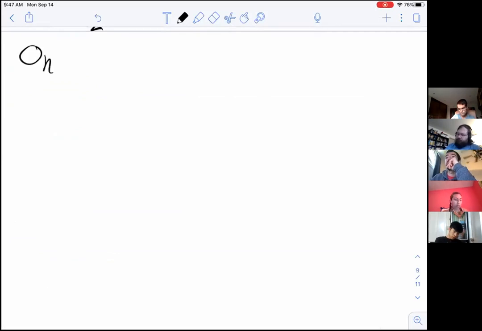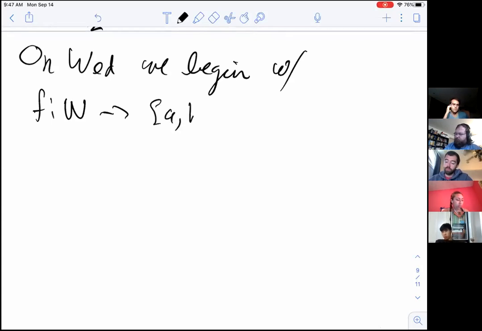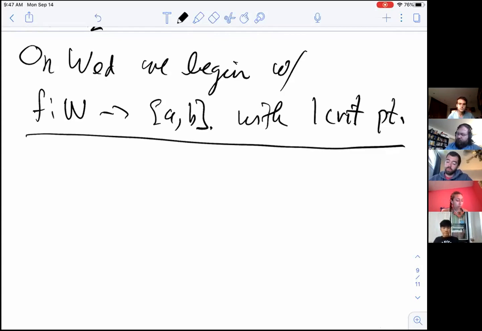So on Wednesday, we begin with F from W to AB with exactly one critical point. We'll study these as well and understand their topology. And then from there, we'll move on to self-indexing Morse functions and what's called the Morse complex, which computes the homology of W rel W minus. I'll do all of that next time.